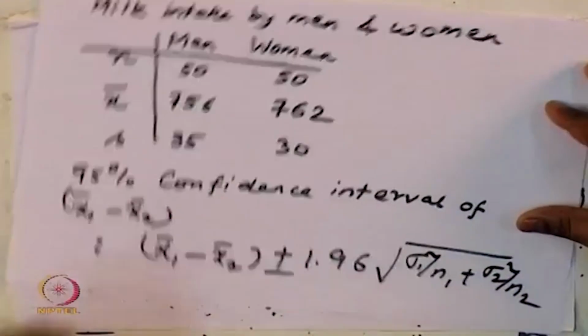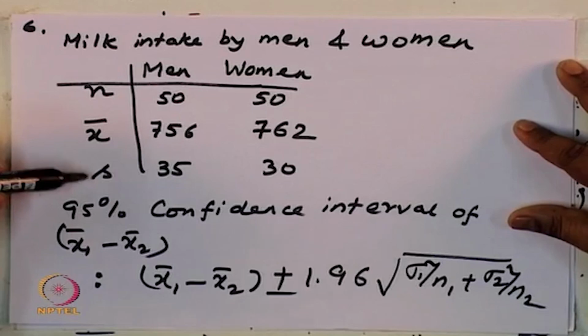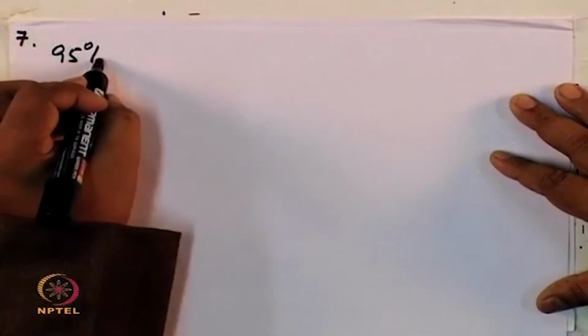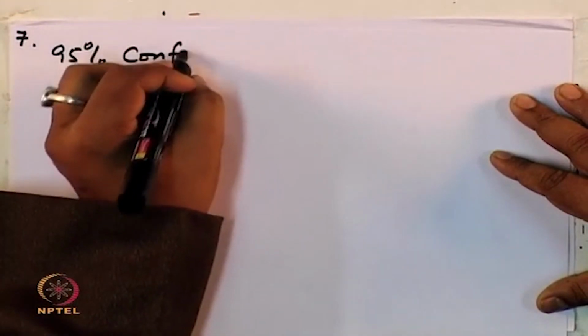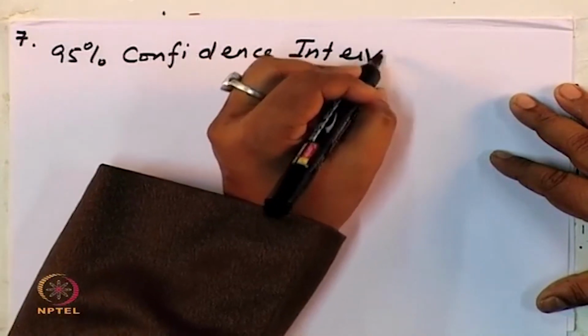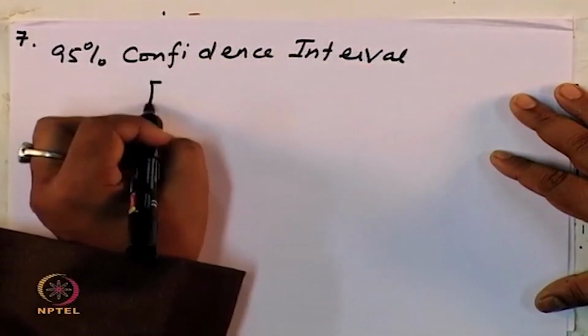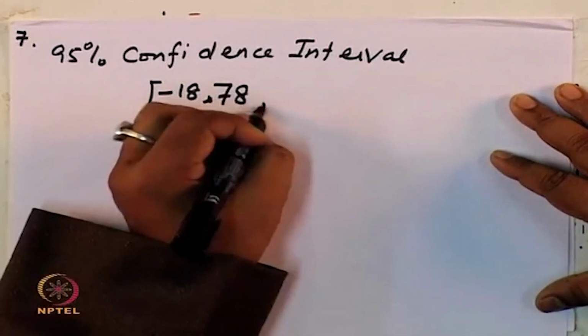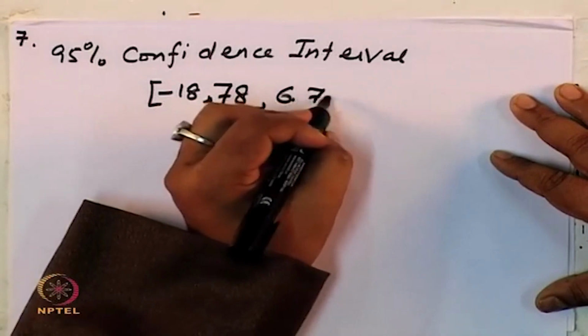Since you are provided standard deviation for the sample, instead of sigma you can use the sample standard deviations, and what you get out of it is, so this 95% confidence interval turns out to be minus 18.78 and 6.78.